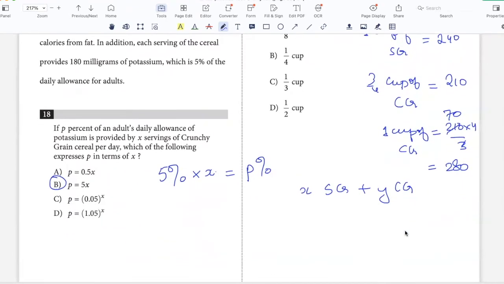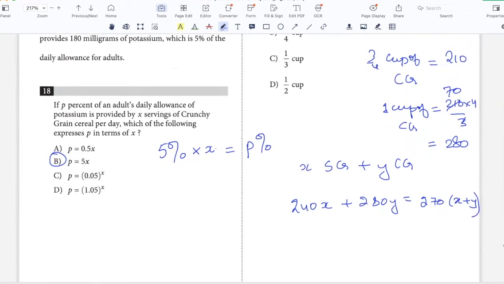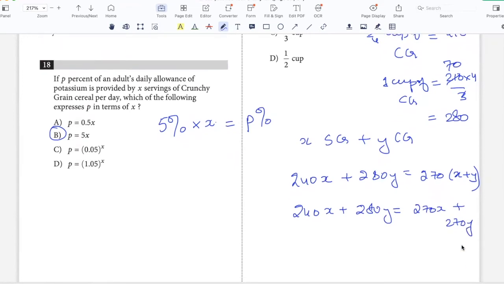Okay, so 240X plus 280Y should be 270 times X plus Y, right? So that becomes 240X plus 280Y is 270X plus 270Y.